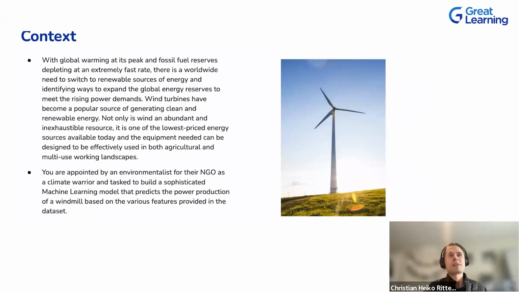And of course, wind is a resource with little control. It can happen that we don't have enough wind, and we will produce less energy. So it might be good to get some idea to predict the energy generation based on different variables.